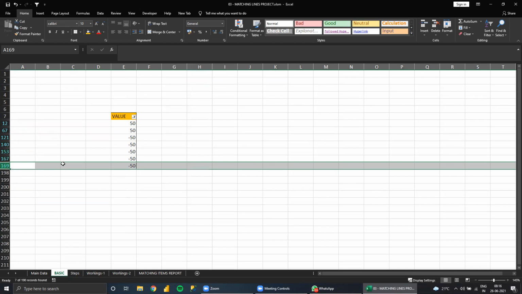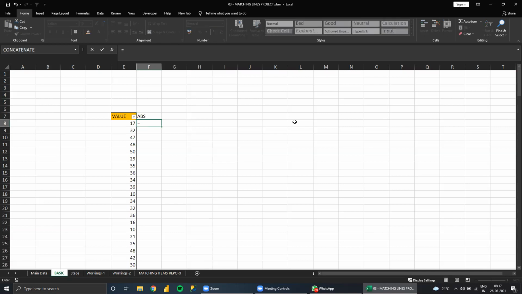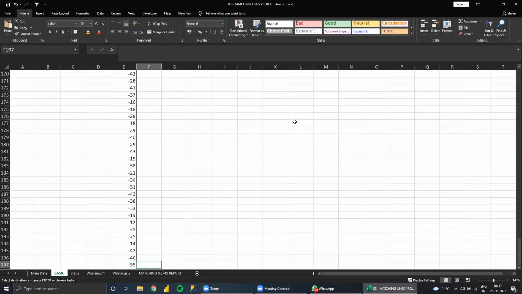So what we need to do first is the ABS formula. What is the ABS formula? Can anyone tell me? The ABS removes the positive and negative signs, right? It just gives you the absolute value. Exactly. So everything is to be converted into absolute values.